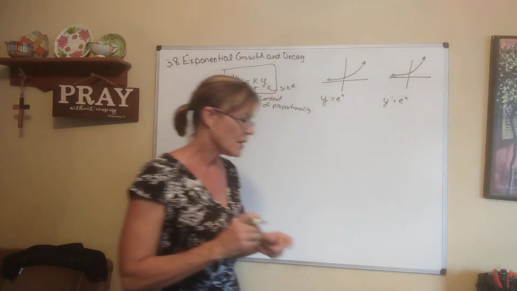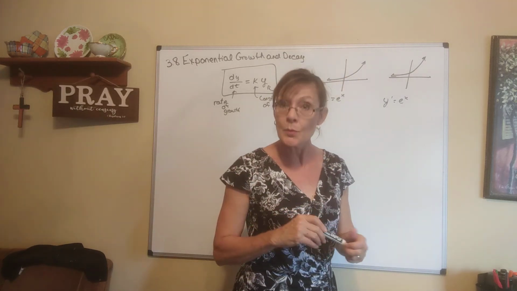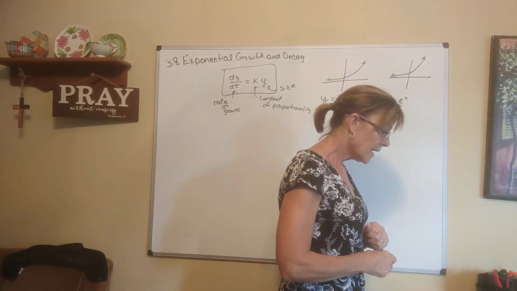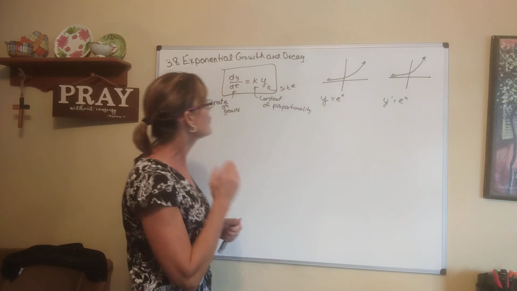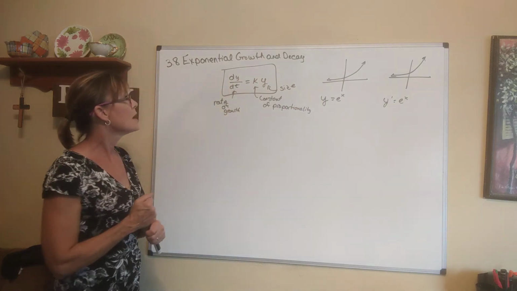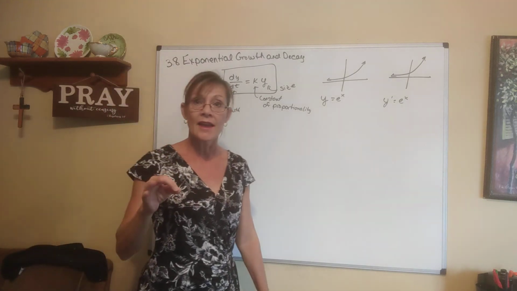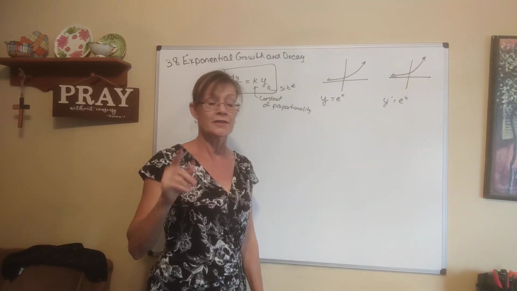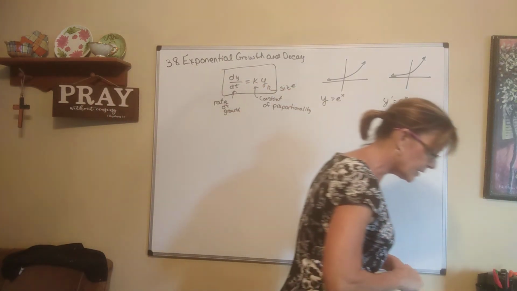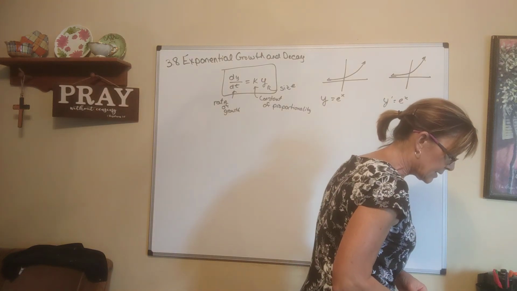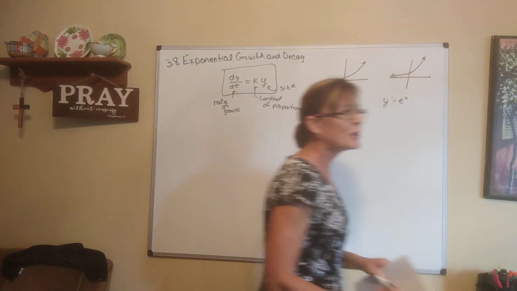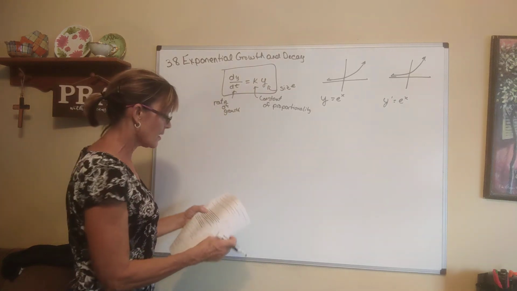So what we know, and you can read about more details in the book, is that when you have a function whose rate of growth is proportional to its size, you're looking at an exponential function of some sort. We couldn't say this before we knew about calculus. So now we can talk about this.